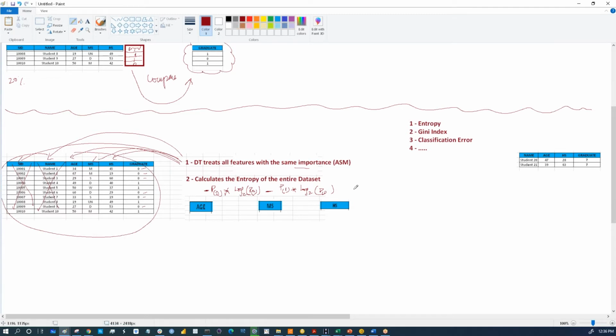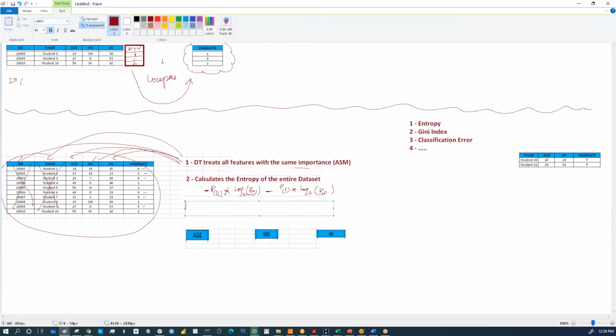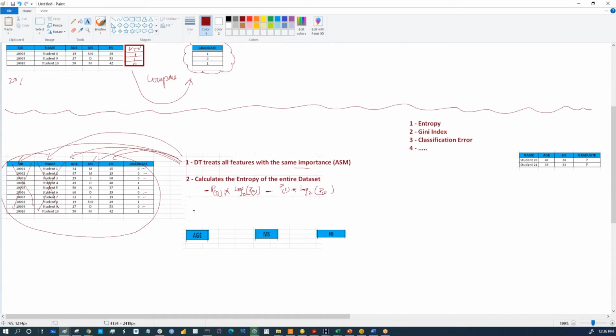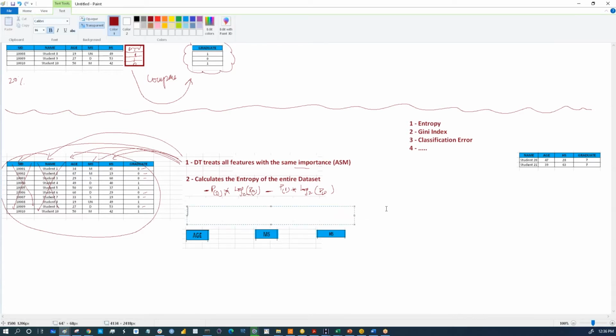Then it splits on all features and calculates the entropy of the feature, for all the splits.